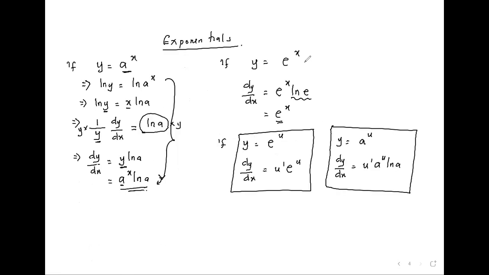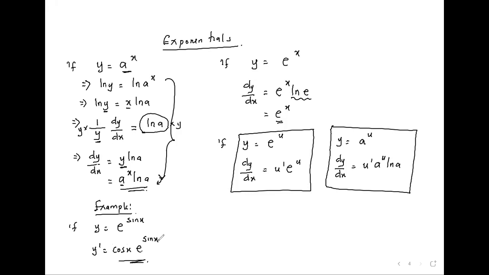Okay. So if you wanted an example, if y is equal to e to the power sin x, then the derivative y prime is going to be, you differentiate sine, you get cos x, and then multiply by e to the sin x.